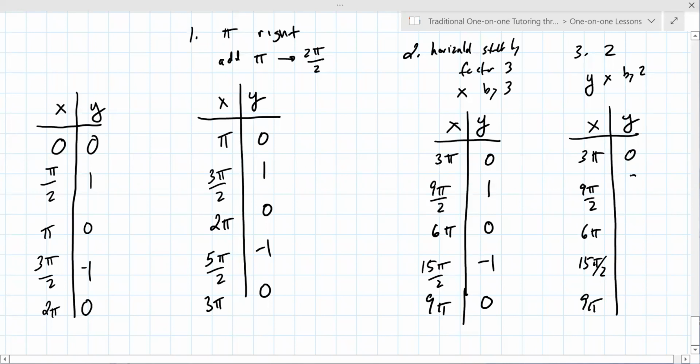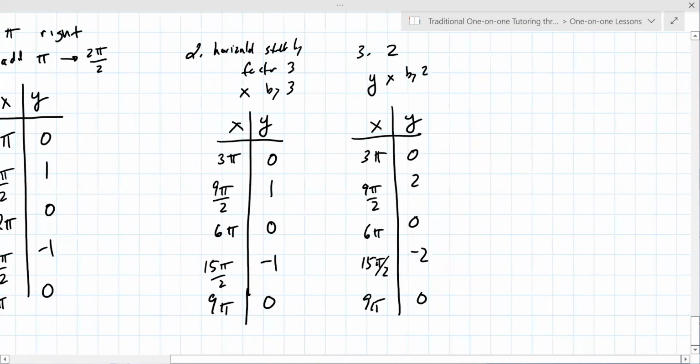So 0, 2, 0, minus 2, 0. But wait, there's more. One more: down 1. So that last one is down 1. That means you're going to take your y's and subtract 1. Only the y's though, the x's stay the same.